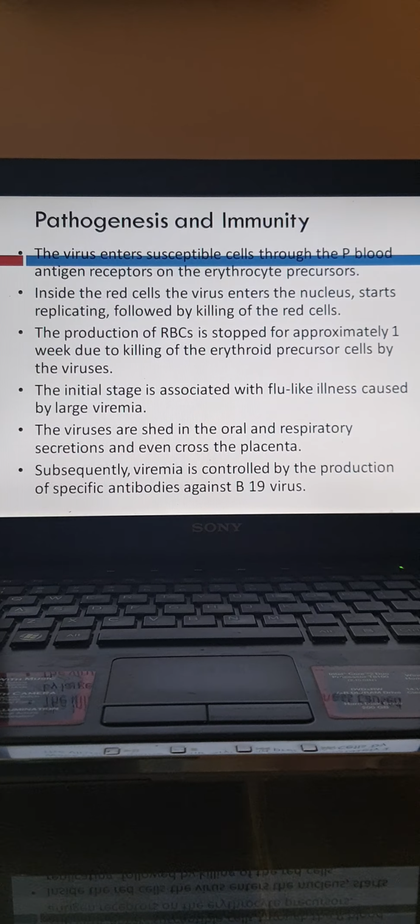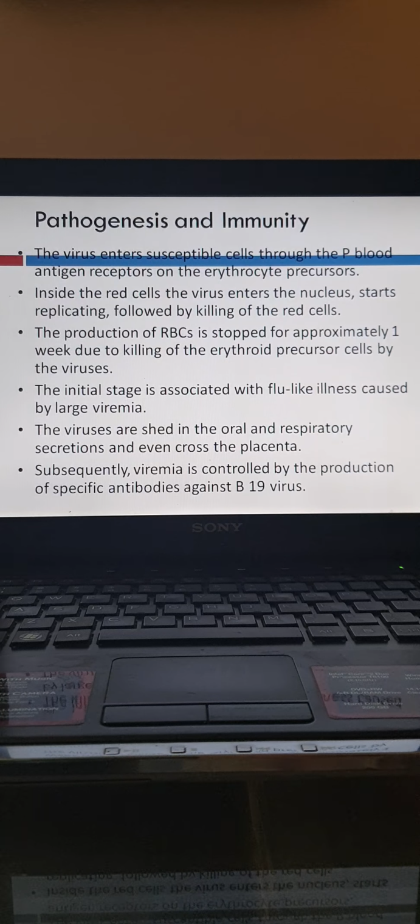Pathogenesis and immunity: the virus enters the susceptible cells through the P blood group antigen receptor, which is present on the erythrocyte precursors. As it has tropism for the erythroid progenitor cells present in the fetal liver or bone marrow, these cells have P blood group antigen receptors, and the virus enters through them. Once inside the RBC precursors, the virus enters the nucleus and starts replicating.